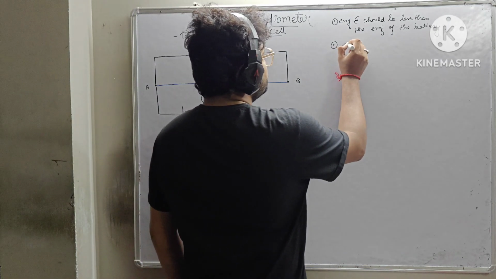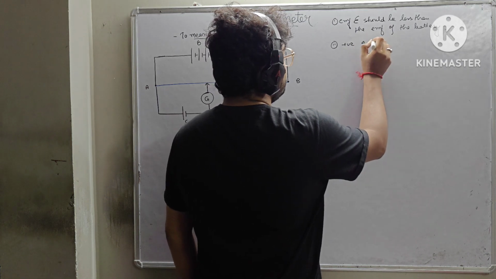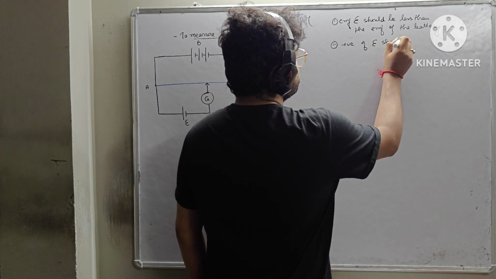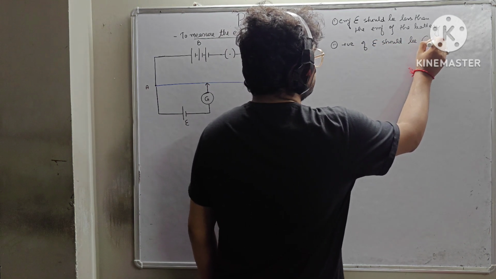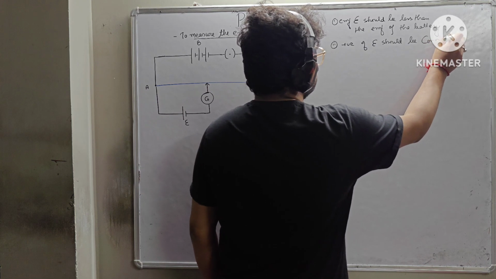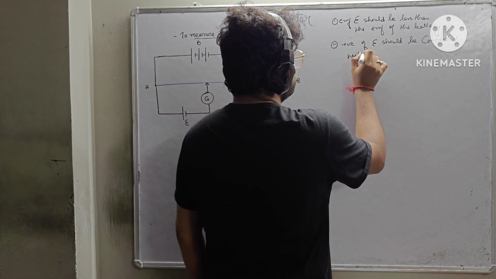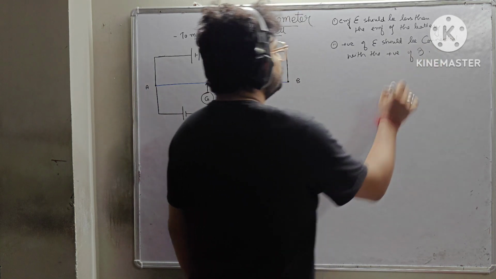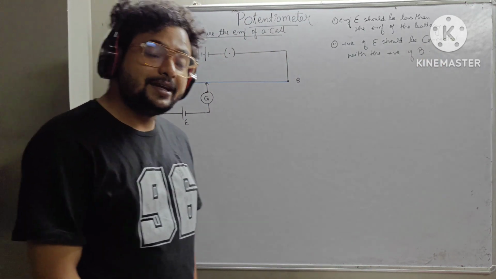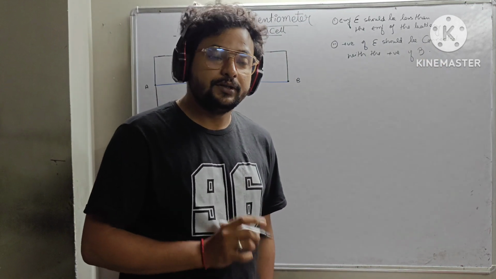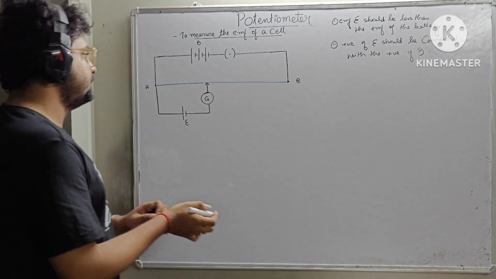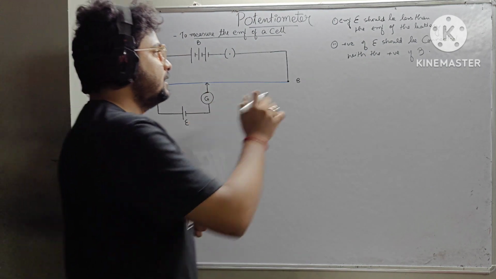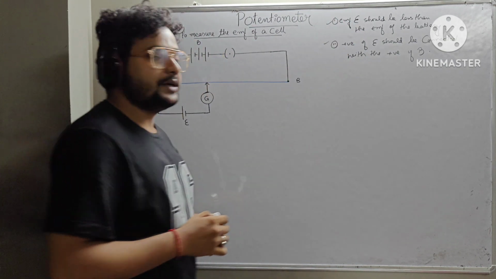So, positive of E should be connected with the positive terminal of B. This particular thing also should be maintained. Now if you have done these two criteria, we can start.